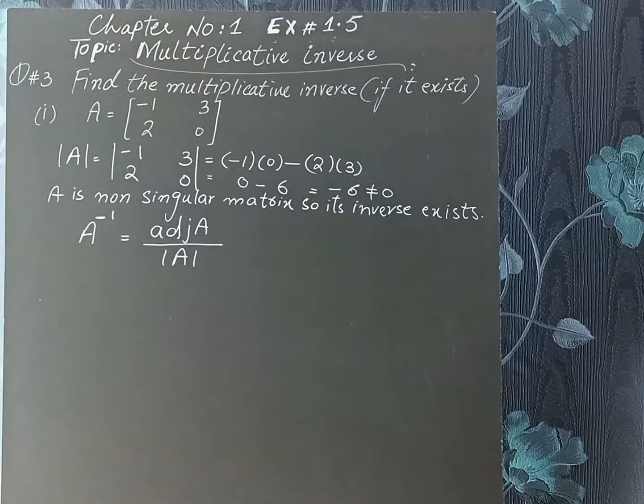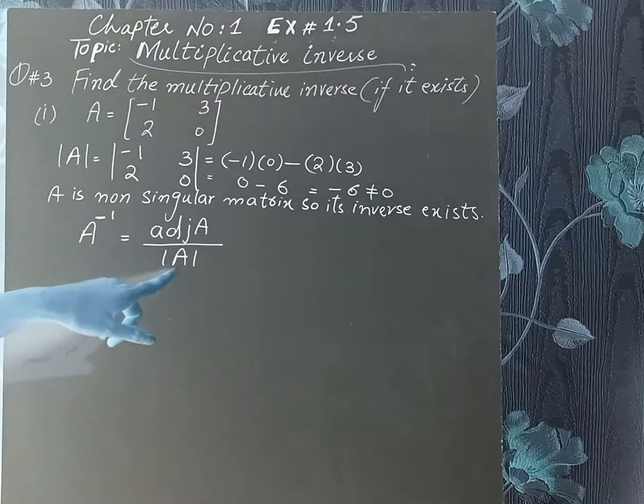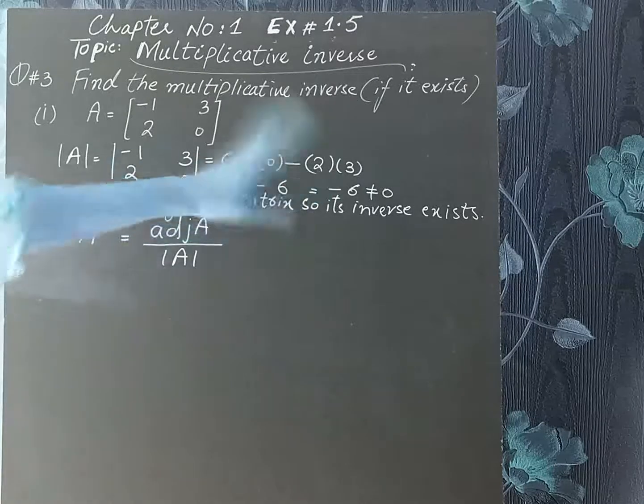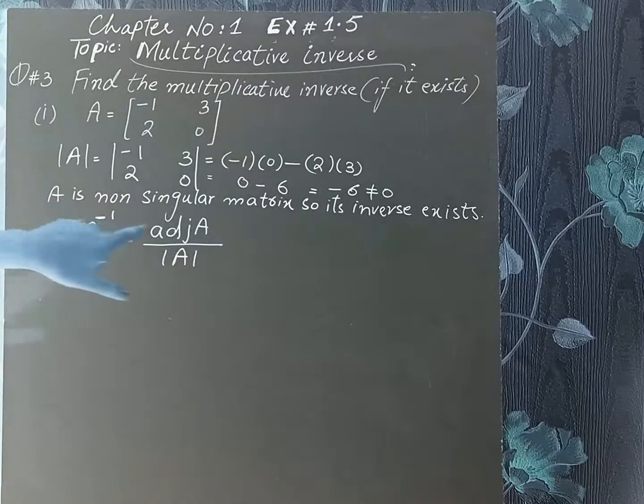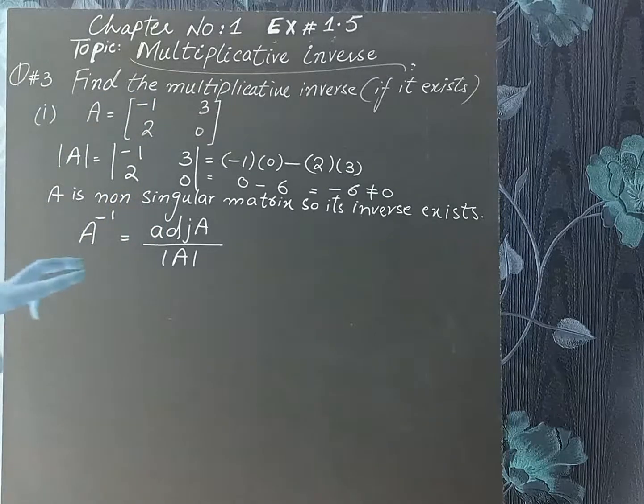If the matrix is B, then we will write multiplicative inverse of B is equals to adjoint of B over determinant of B. Here you people know how to find the determinants that we have found already. But how to find the adjoint of the matrix? How to find the adjoint? That is very easy. We just interchange the diagonal entries and change the sign of non-diagonal entries.